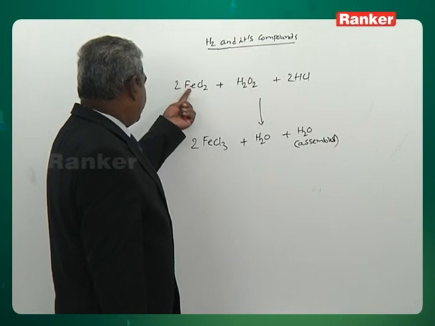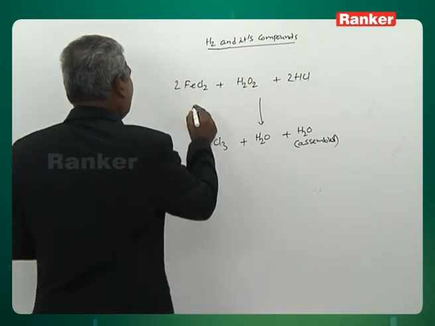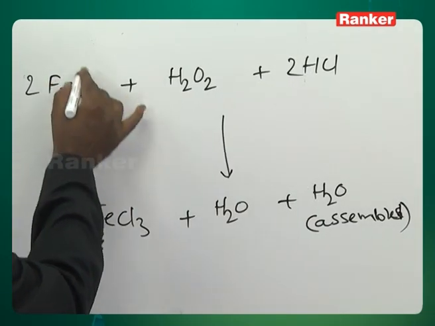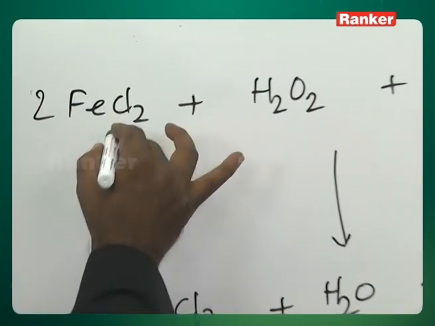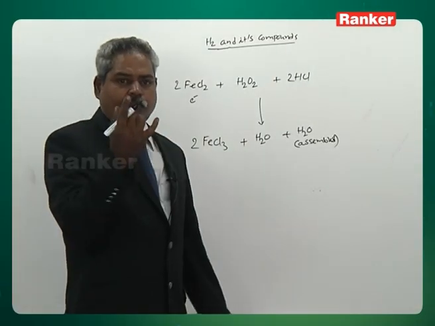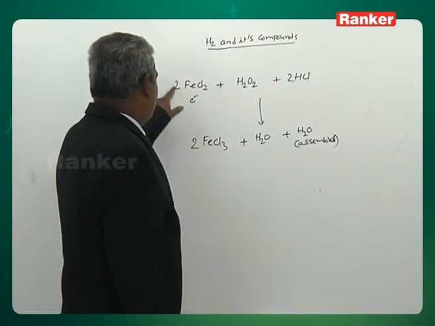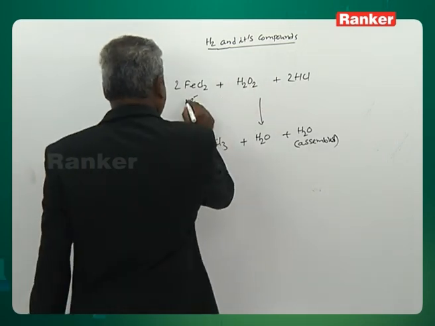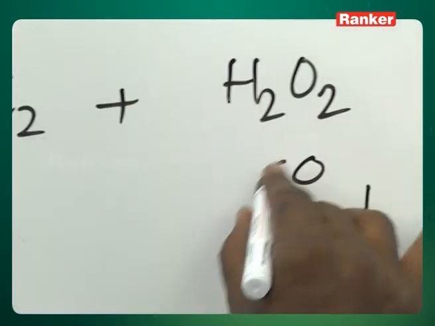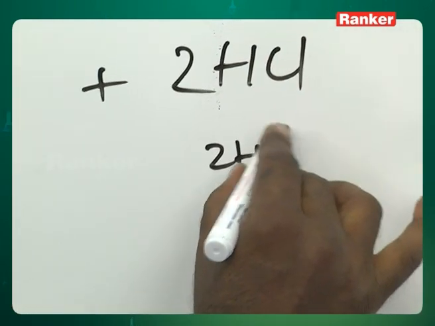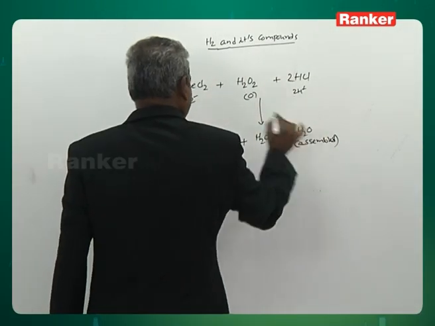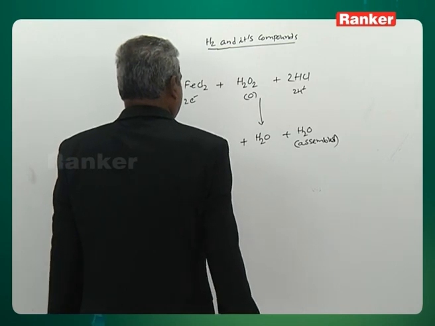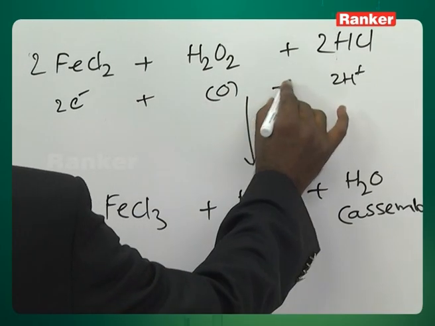You are seeing FeCl2 here, but I am seeing an electron only. As far as I am concerned, FeCl2 means only 1 electron provided. 2 electrons, 2 protons, oxygen. Oxygen from this, 2 electrons from this, 2 protons from this. All of them assemble and H2O is formed.